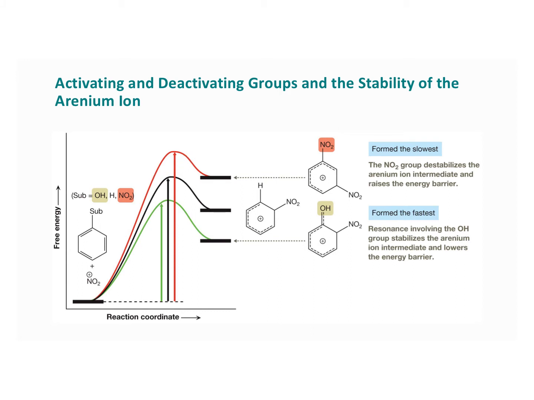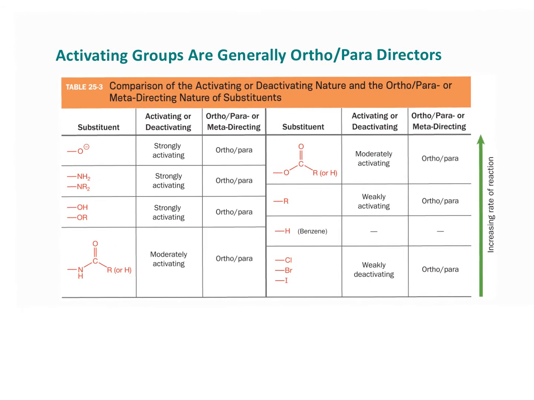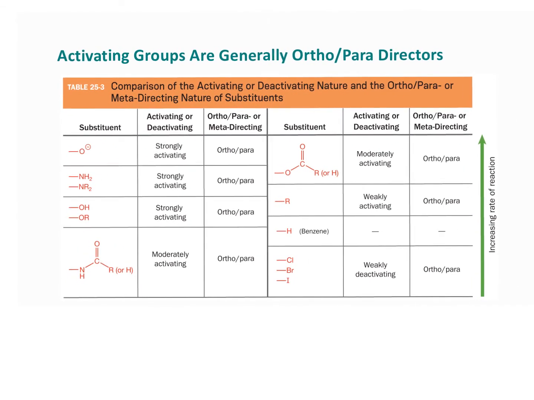And so that means the NO2 group is deactivating. So on the next two slides, what we're going to see is basically a table where substituents are organized according to their ortho, para, or meta-directing ability, as well as their activating or deactivating ability.